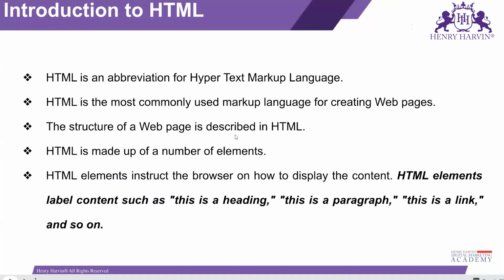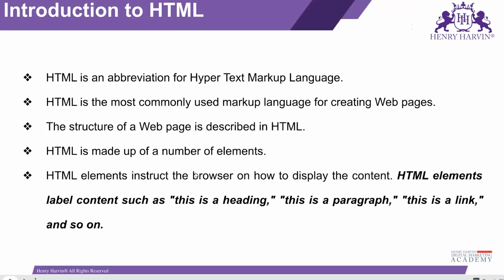So what is HTML? HTML is Hypertext Markup Language. There are different types of markup languages like XML, SGML, and KML is another markup language. Generally for web development, the hypertext markup language used is HTML.